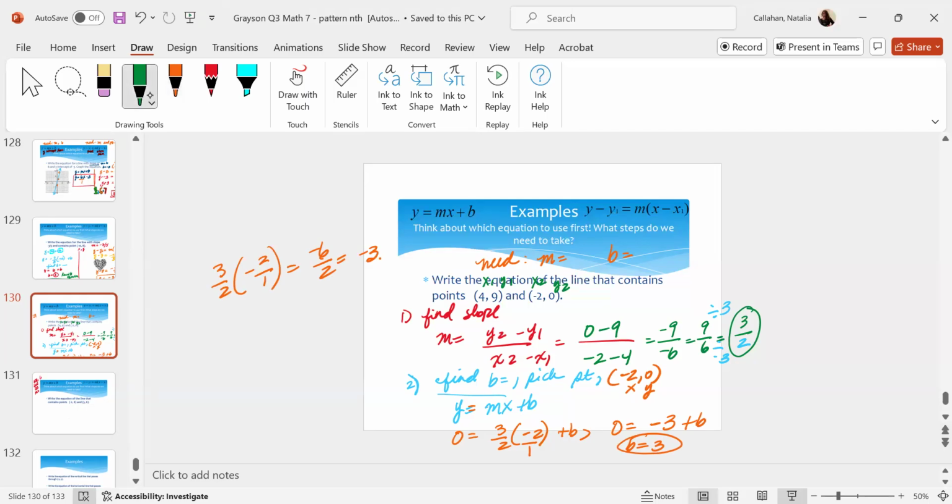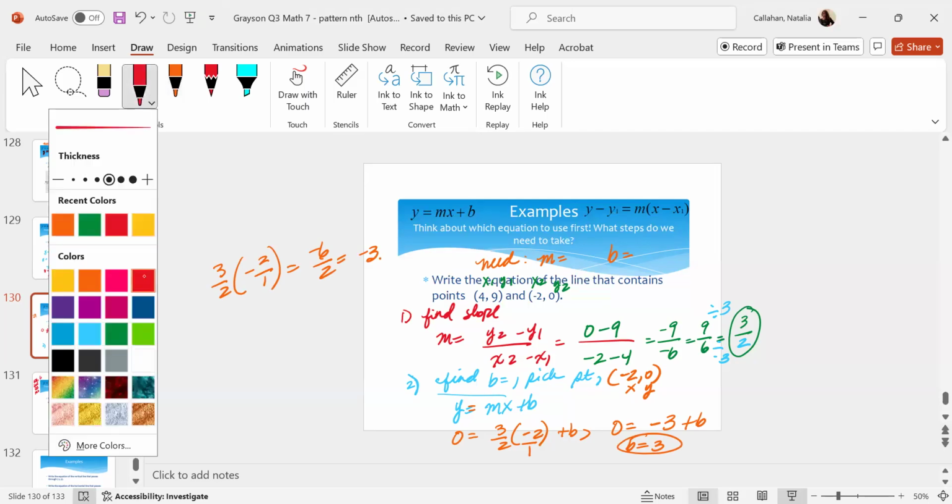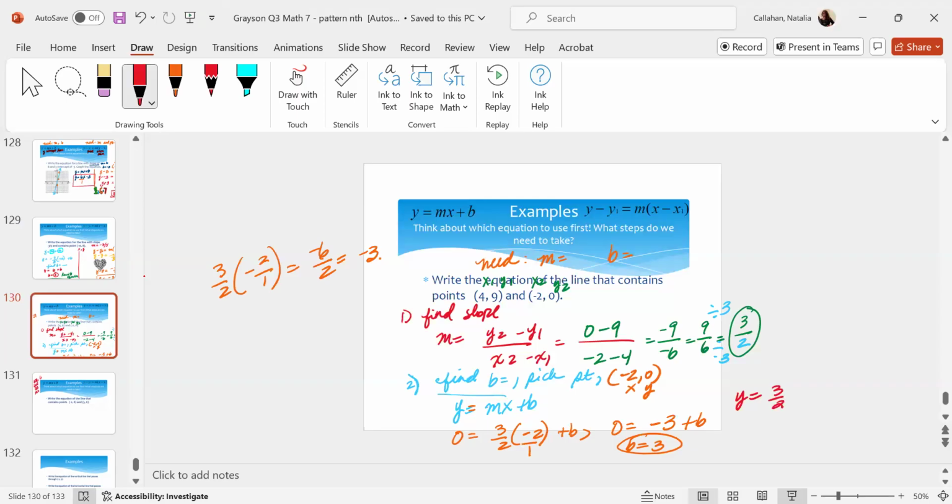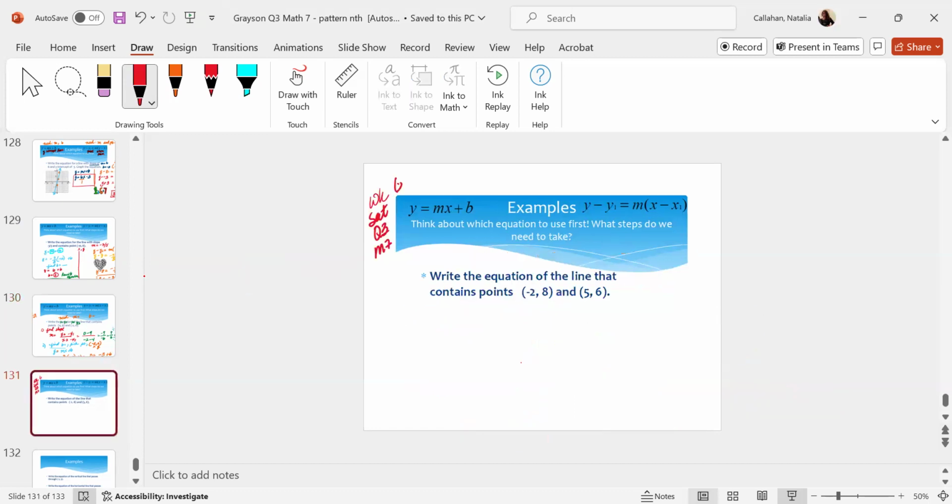Okay, so once you have that, y equals 3 over 2x plus 3. Okay, next one.